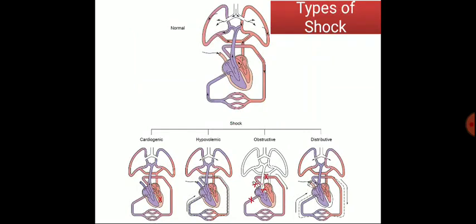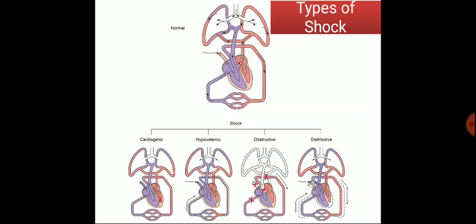Now, the types of shock are cardiogenic, hypovolemic, obstructive, distributive. In cardiogenic, there is some defect in the heart itself. In hypovolemic shock, there is inadequate blood supply to the different organs.